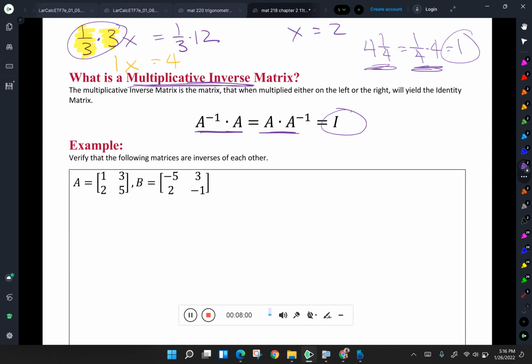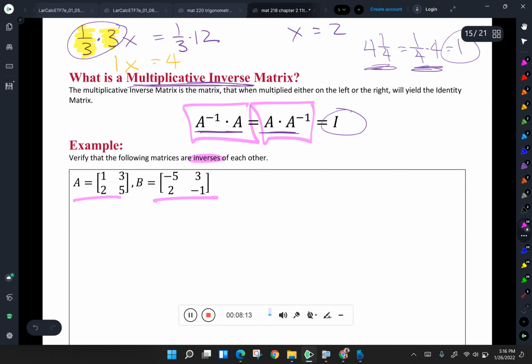Here are two matrices, A and B, and my job is to verify that these matrices are inverses of each other. Well, if these two matrices are inverses of each other, when I do this or when I do this, I should get the identity matrix both ways. Right?